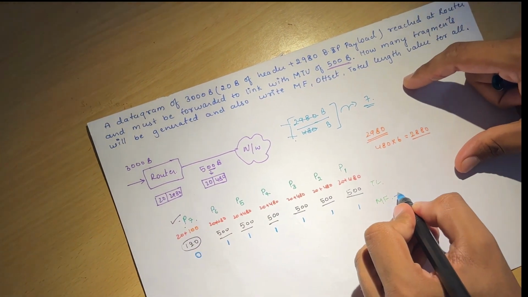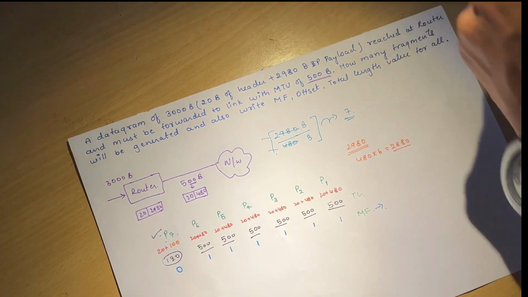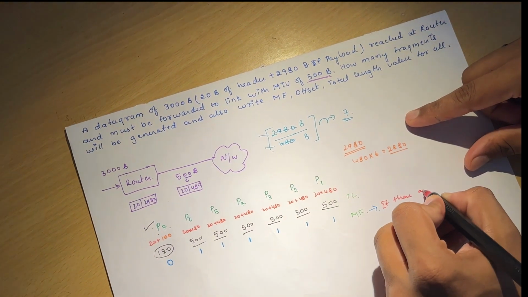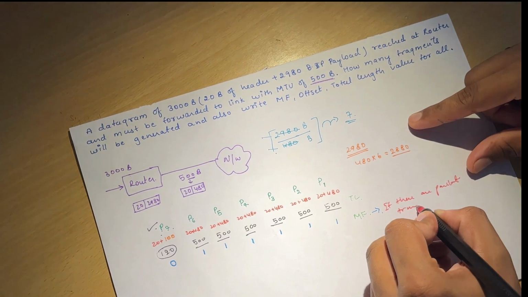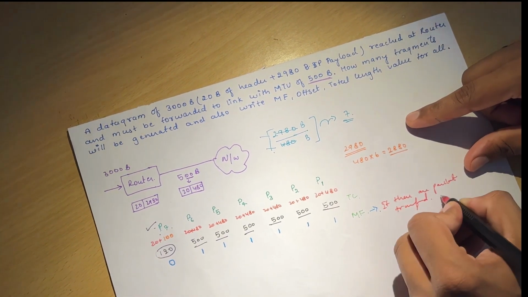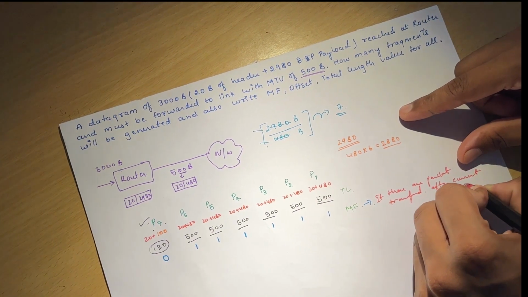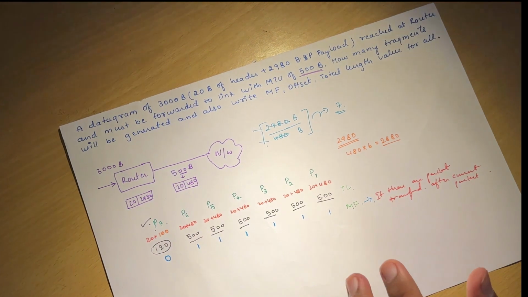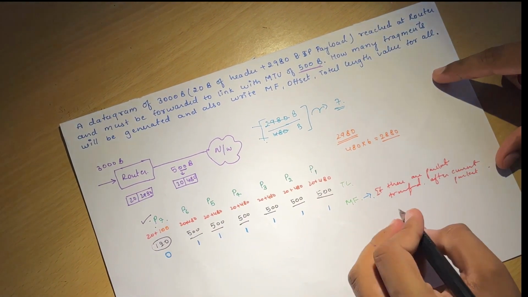So MF is nothing but whether there are packets transferred after the current packet. Now the next thing is offset.